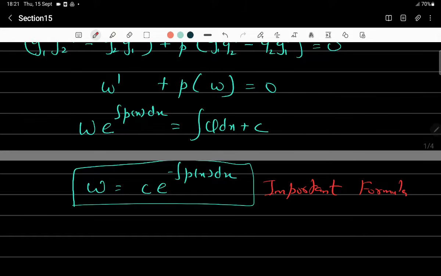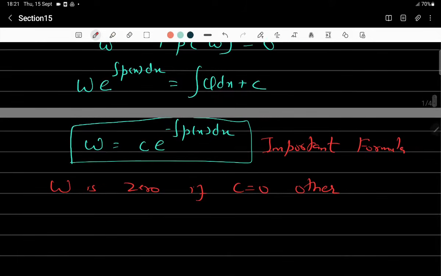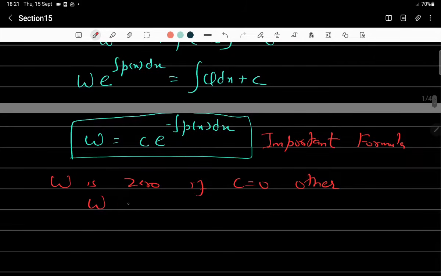The second thing is why the theorem is proved once we compute W. It's clear that W is 0 if c is 0, otherwise it's an exponential function, so W never vanishes. Someone may say that, for example, p of x is 1 by x, in which case W becomes cx. So here c is non-zero, but when x is 0, W is 0.